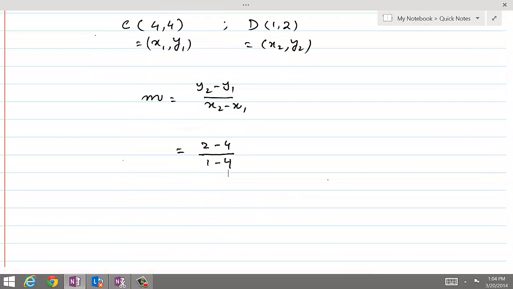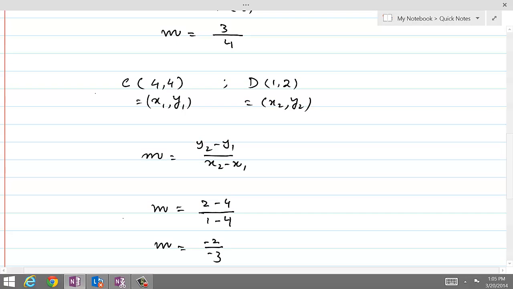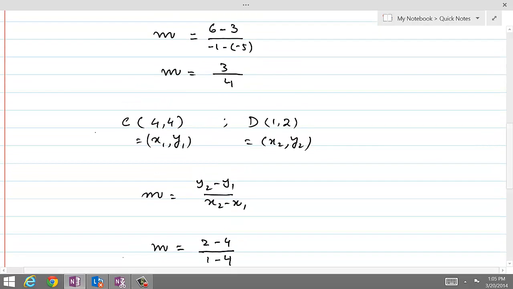So this would be equal to minus 2 over minus 3. So ultimately the slope will become 2 over 3. This is m. This is how you can find the slope of any line. So this is the slope of line CD.